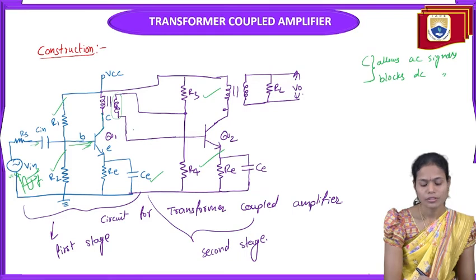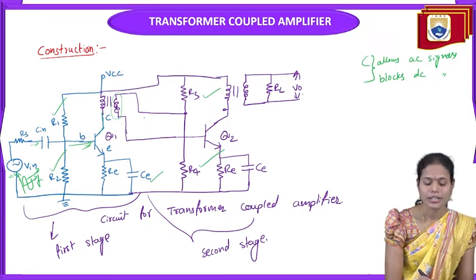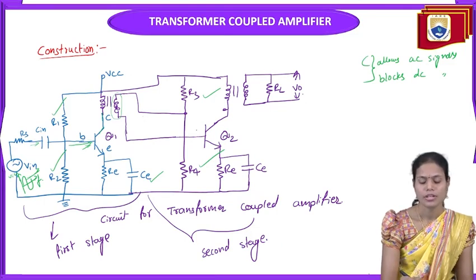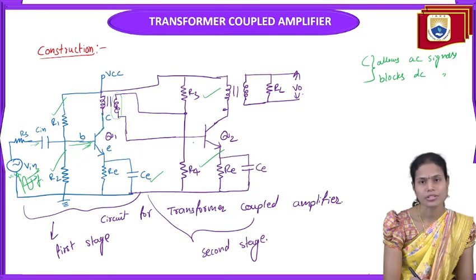Though we are not using any coupling capacitor at the output of the first stage, the secondary winding itself provides the output AC signal to the base of the next stage. So this amplified output acts like an input for the second stage.